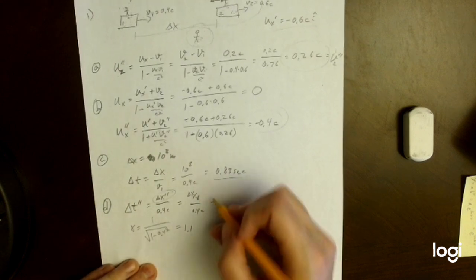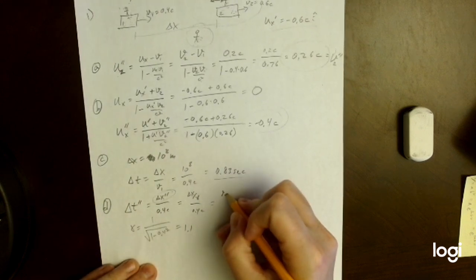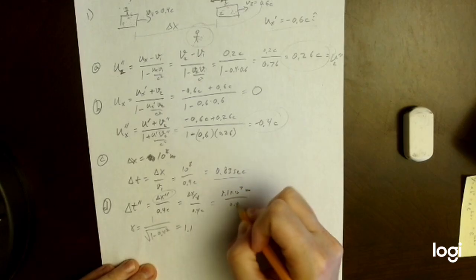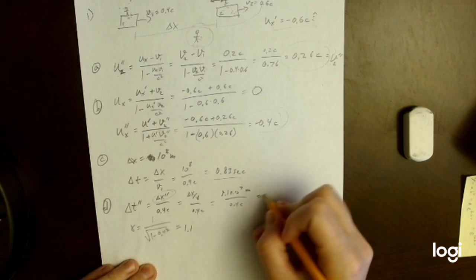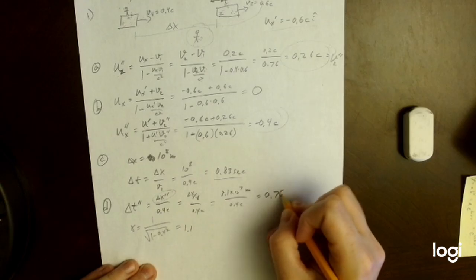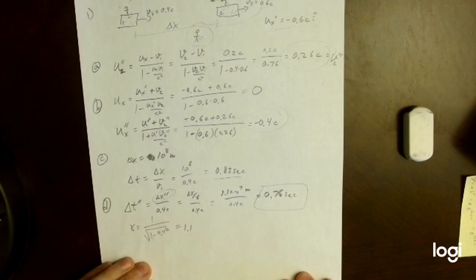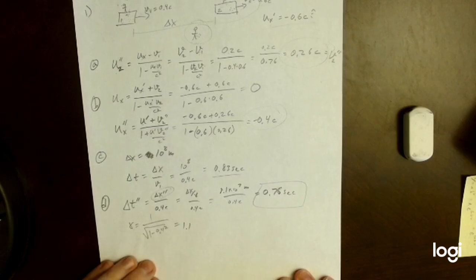We plug that in here, delta x then becomes something like 9.1 times 10 to the 7 meters over 0.4 c, or about 0.76 seconds. So a little bit less time happens.